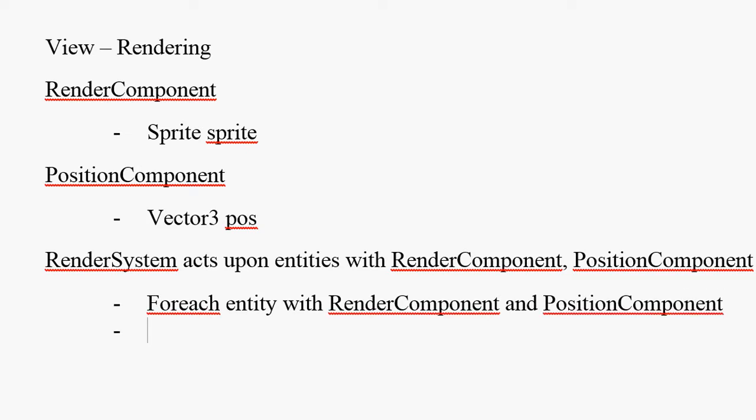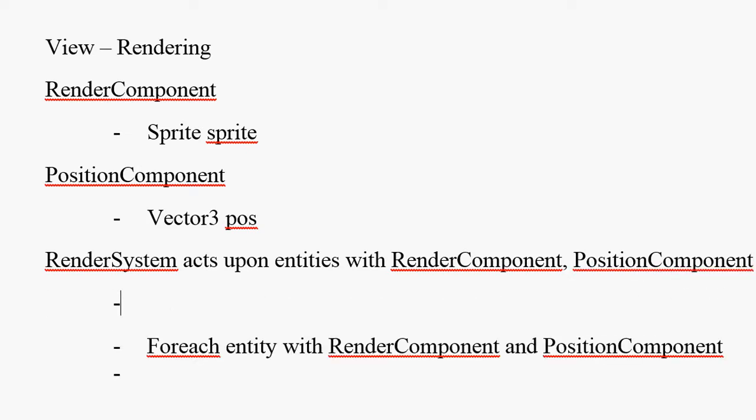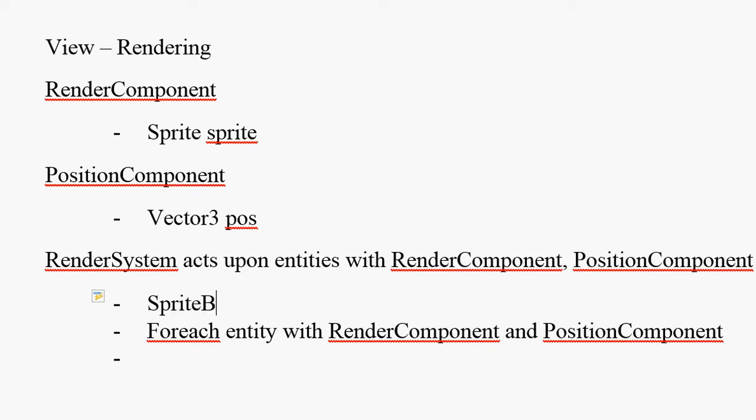Oh, the render system will have access to a SpriteBatch. And a SpriteBatch is basically an object that holds a group of sprites and renders all those sprites in one draw call. So instead of doing 1,000 draw calls, it's just one draw call that batches all the sprites into one.